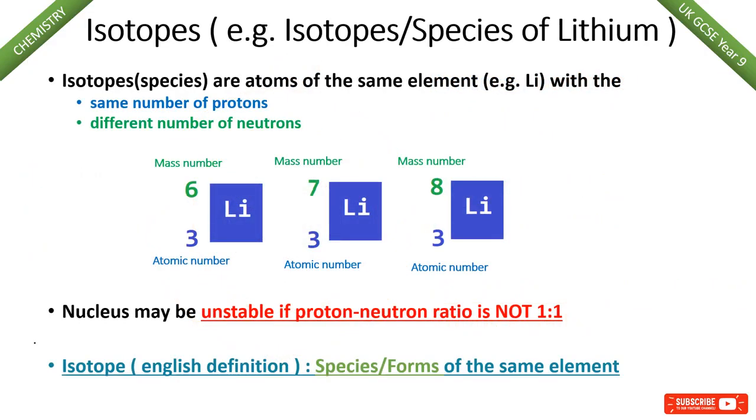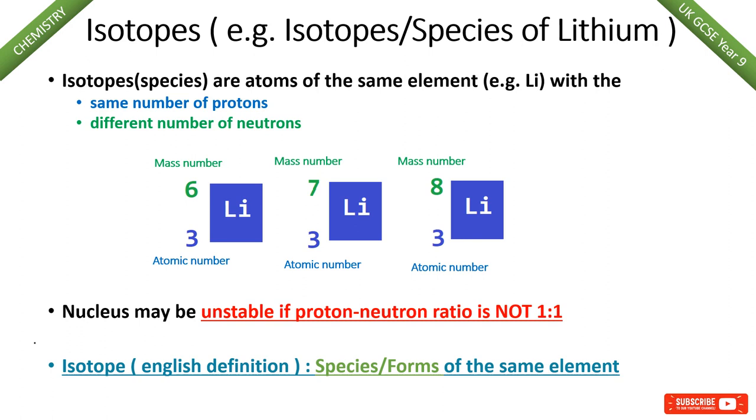Next, we will look at isotopes. It sounds complicated, but it's not. Isotopes, which means species, are atoms of an element with the same number of protons and a different number of neutrons. That's it. Like, for example, here we can see lithium.